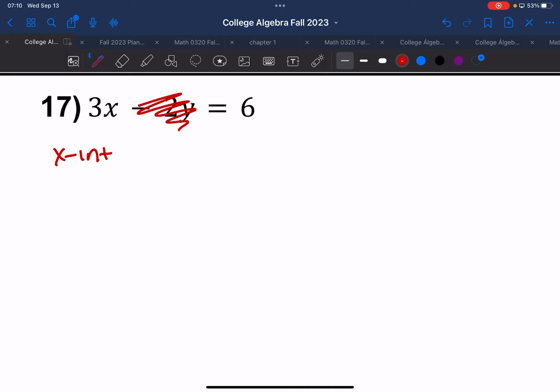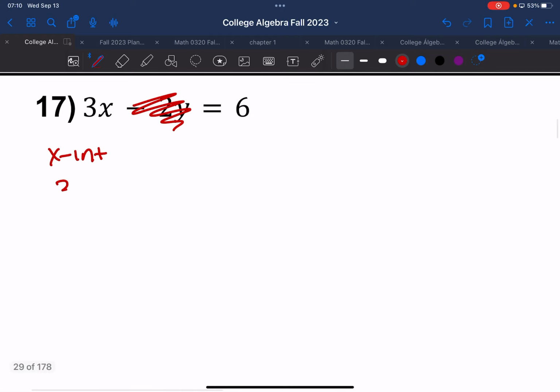That leaves me with x is equal to 2 once I divide by that 3. And so I get the point 2 comma 0. As you keep doing these, you'll get to the point where you don't have to write all those little steps. You could end up doing a lot of this in your head.